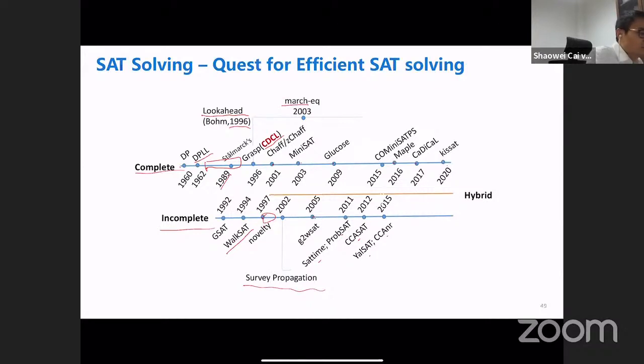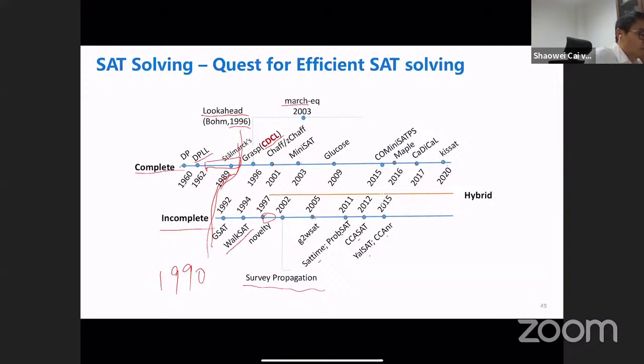Personally, I would see this history as 3 stages. The early stage is before 1990, and the typical successes are DP, DPLL and the like. And after entering the 1990s, both complete and incomplete solvers enter a booming stage.